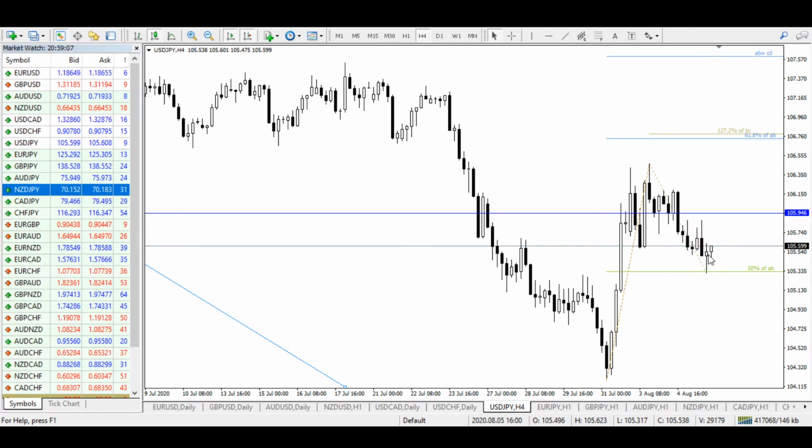Now you can see that the price is gradually trying to rise, but it's not rising with good speed, because the non-farm payroll is ahead on Friday, and today is the end of Wednesday.